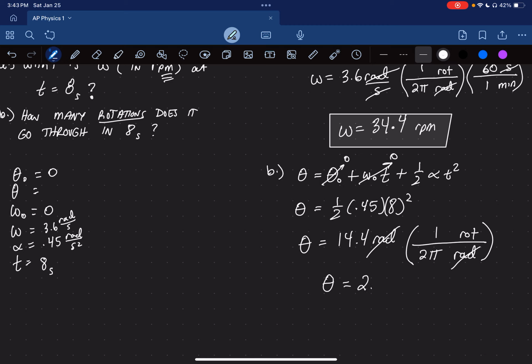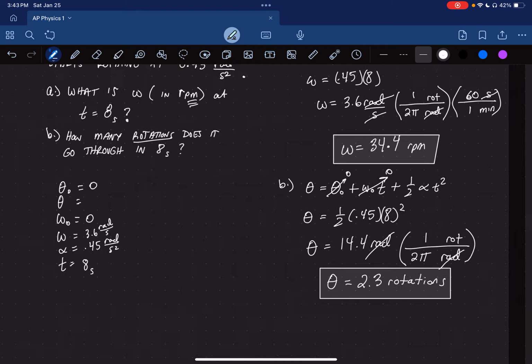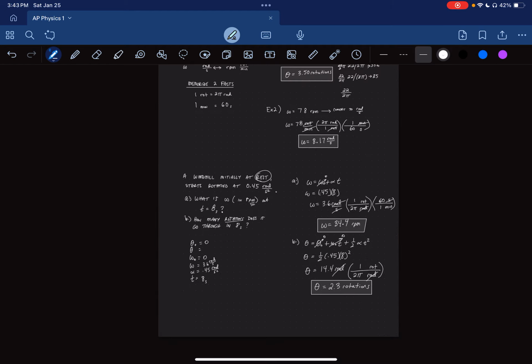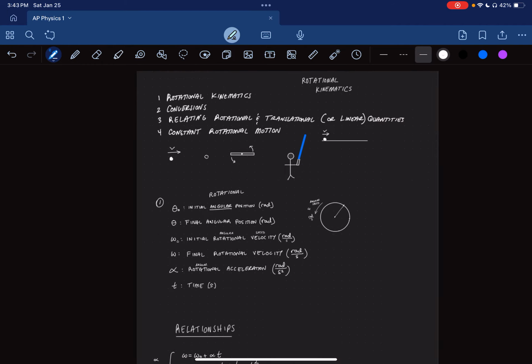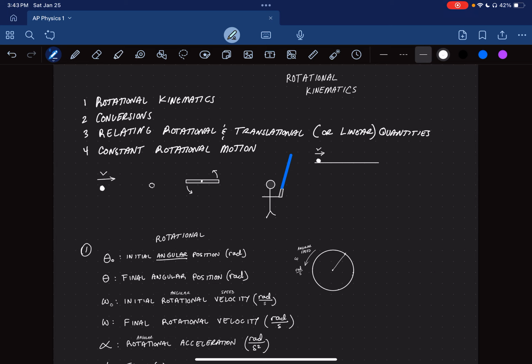It's about 2.3 rotations. Yeah, 2.3 rotations. Cool. So what else were we going to cover today? We just did rotational kinematics intro, and then we did conversions.